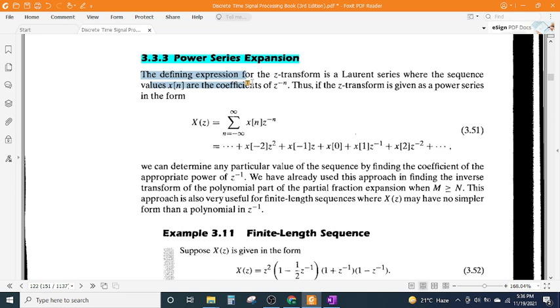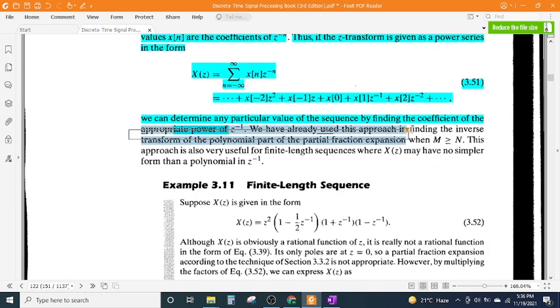We have already used this approach in finding the inverse transform of the polynomial part of the partial fraction expansion when M >= N, and this approach is also very useful for finite-length sequences where X(z) may have no simpler form than a polynomial in z^-1.